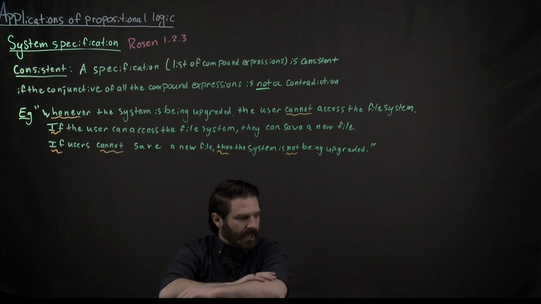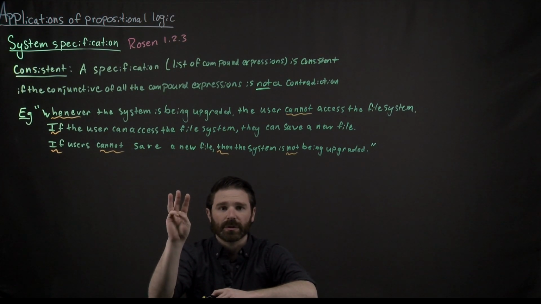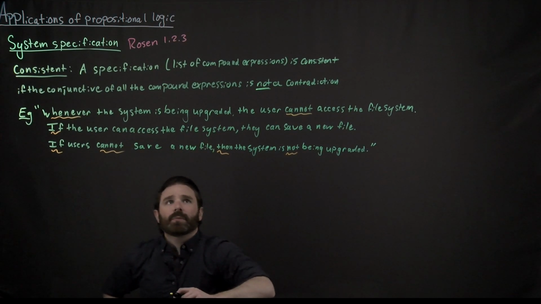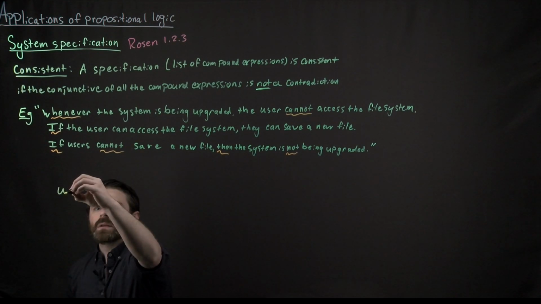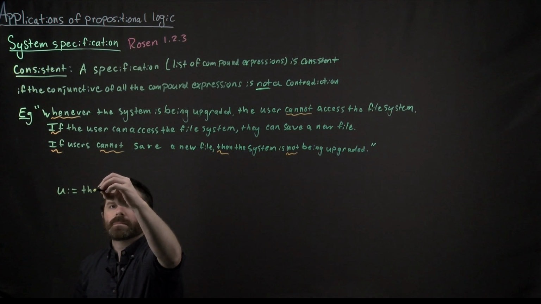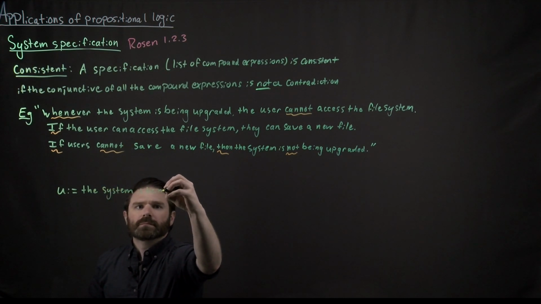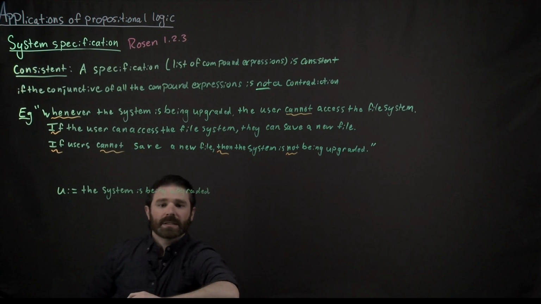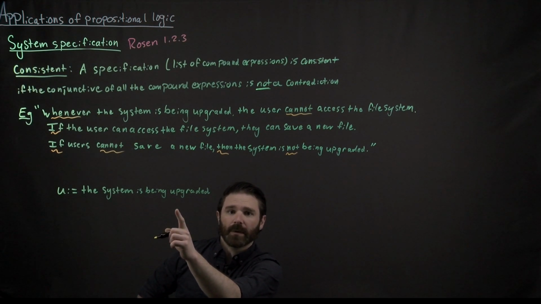So it really looks like right here that we have three underlying propositional variables that we need to define. So first off, system is being upgraded. So I'm going to go ahead and let that be U. Let's let U be the propositional variable that stands for the system is being upgraded.